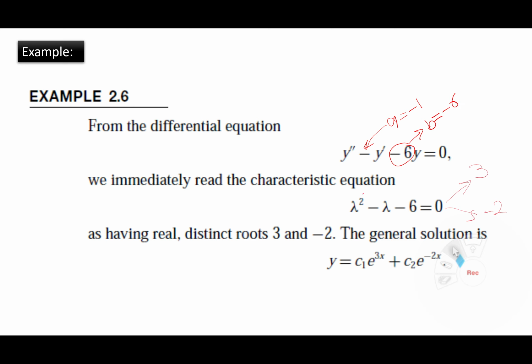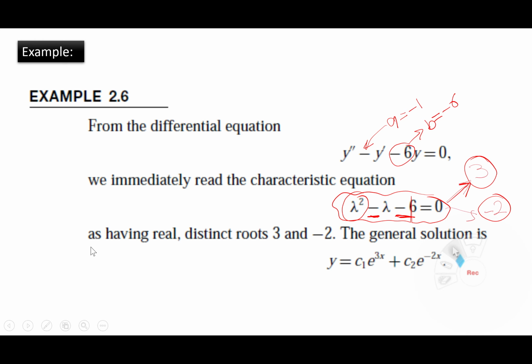So this means that we have lambda squared, right? And here this is a lambda, and -6, which is the free term, equals 0. If you solve this with the law, you are going to find that we have two roots here, which are 3 and -2.